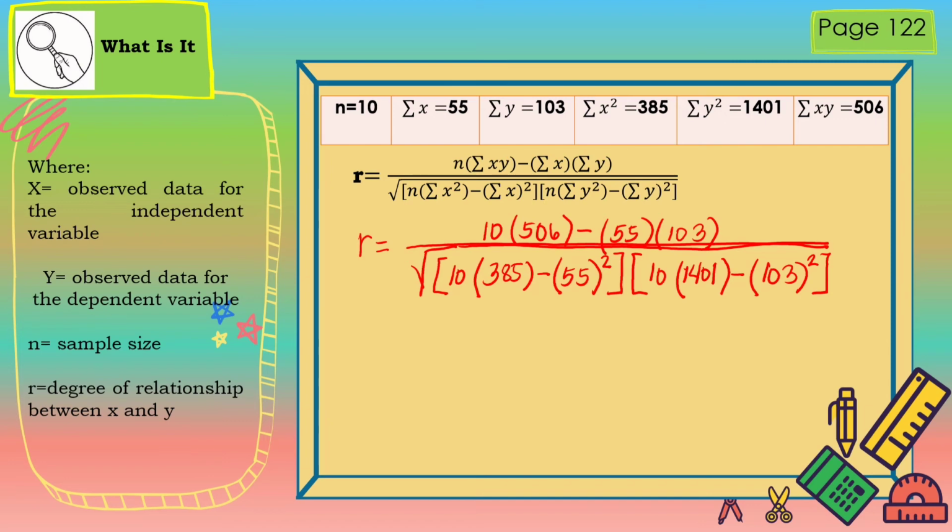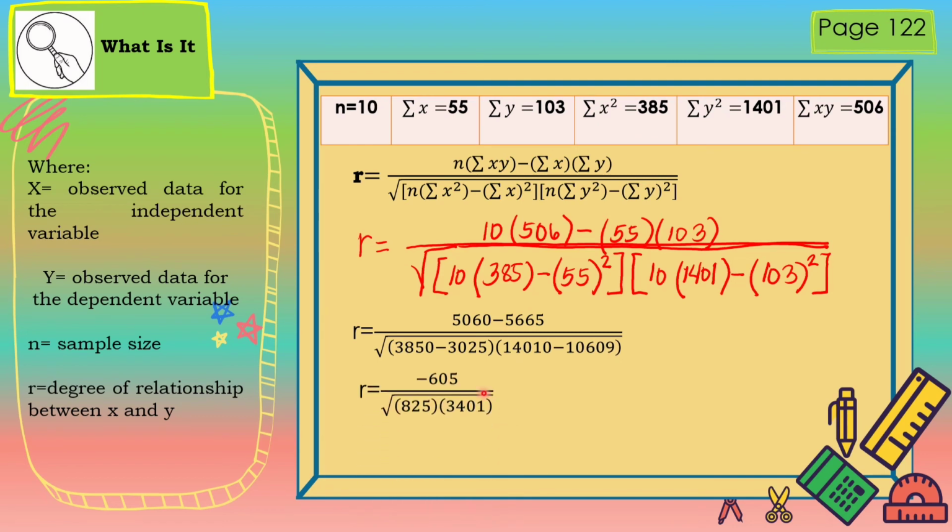After substituting the values, we can now apply the operations. So, 10 times 506, that is 5060, minus 55 times 103, that is 5665, divided by the square root of 10 times 385, that is 3,850, minus the 55 squared, that is 3,025, times 10 times 1,401, that is 14,010, minus 103 squared, that is 10,609.